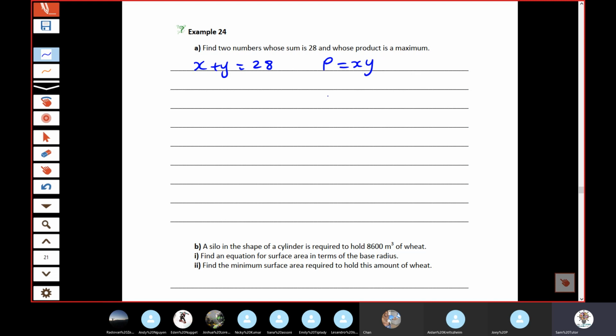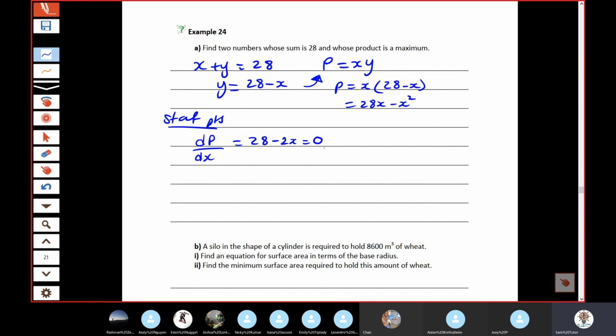All right, as you guys are working, I'll do a few lines as well. I'm going to make y the subject. It doesn't matter which one you make the subject. There it is, sub into here. And then stationary points, dP on dx equals 28 minus 2x equals 0.